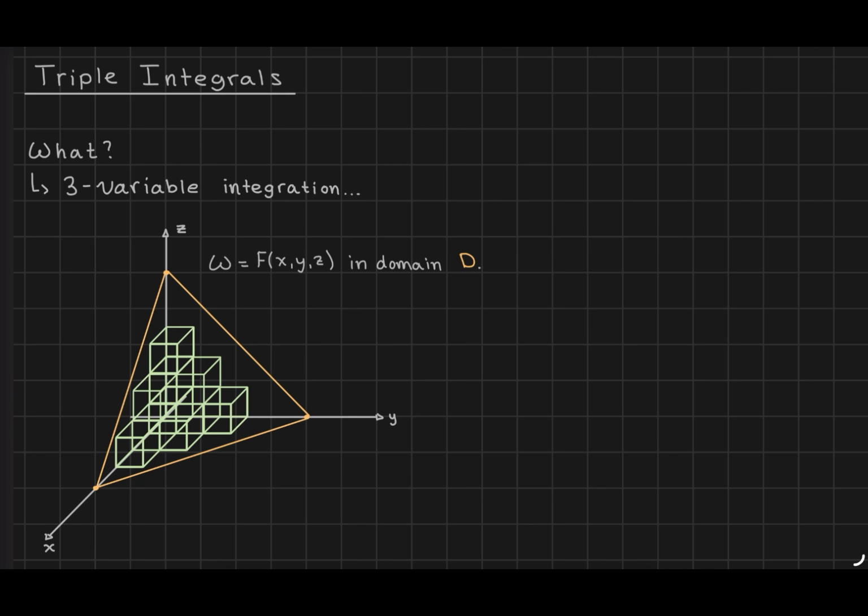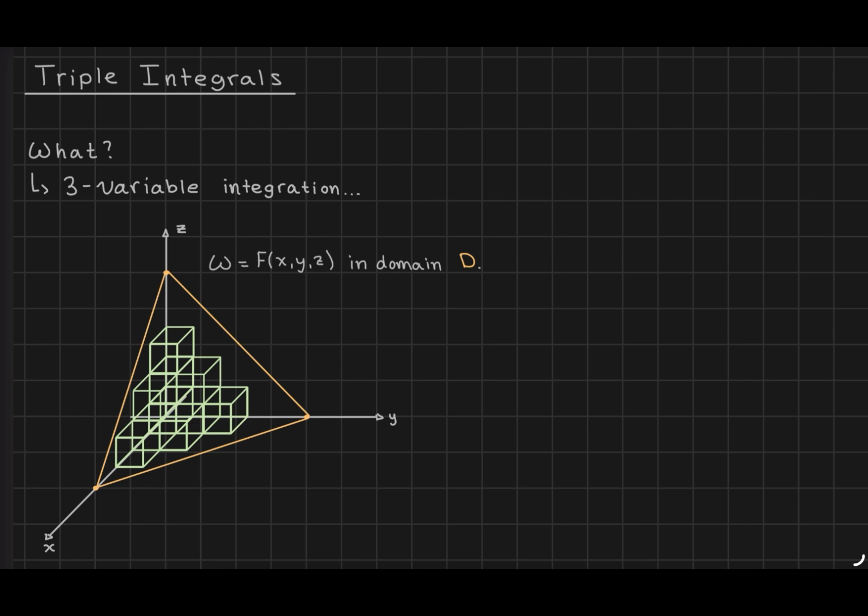And what are we doing when we are doing three variable integration? Going back to our previous pictures, earlier we were summing a bunch of rectangles under a curve or under a surface. Think of it this way: a triple integral is doing something very similar. Instead, we're going to be making tiny cubes, right?